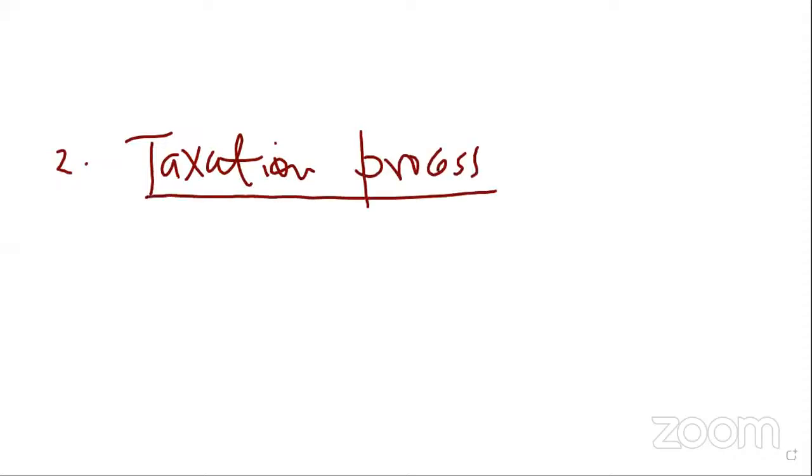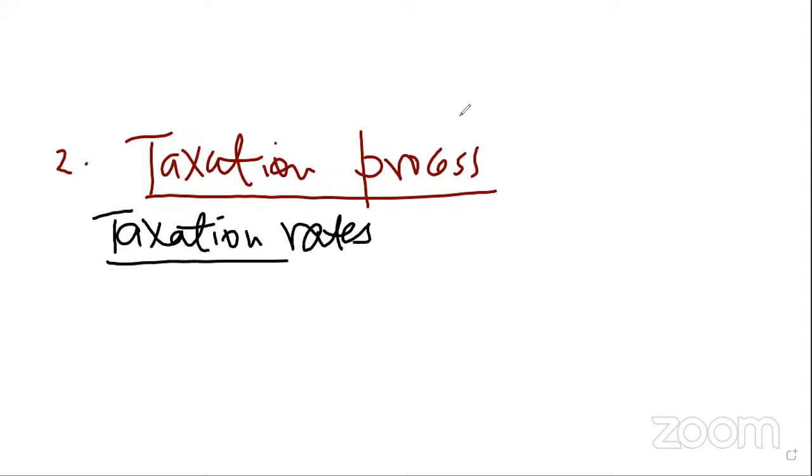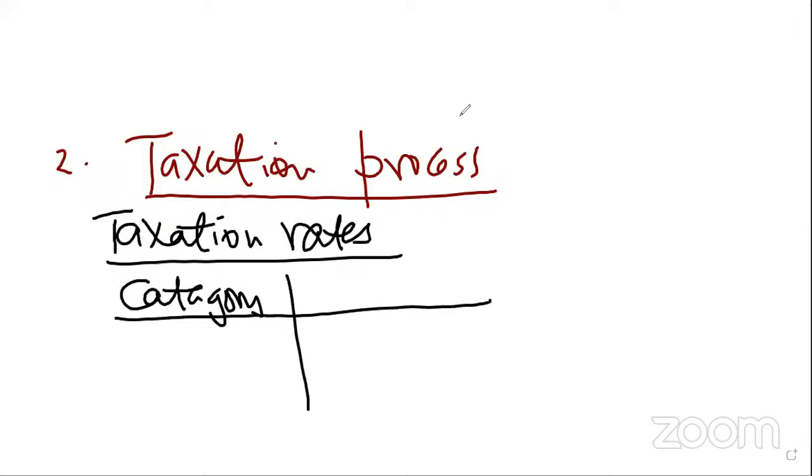Under the taxation process, because this question I think was in your end of the term exam, to tax money, you need to consider the taxation rates. When we look at the taxation rates, they are usually tabulated. For example, I may come up with a category here, and then the rates here.